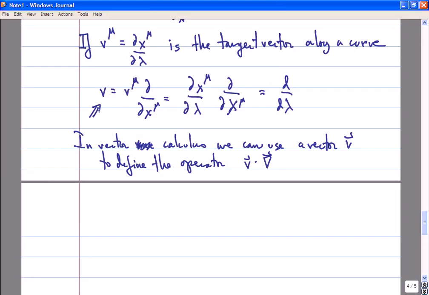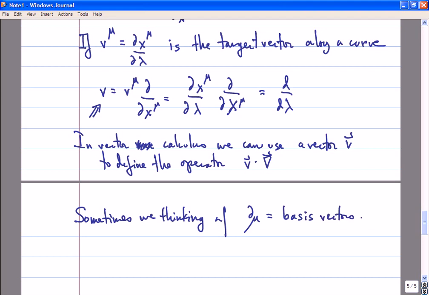What that means is that when I write that expression, I'm thinking of the four quantities ∂/∂x^μ as a basis for my vectors. So we think of these ∂/∂x^μ as a set of four basis vectors that I use to write all of my vectors in a particular coordinate system.